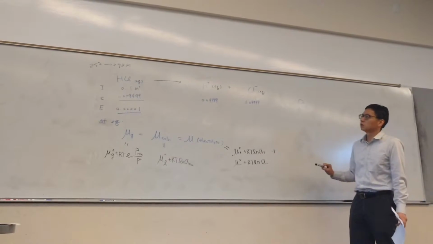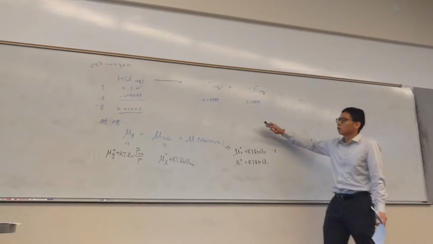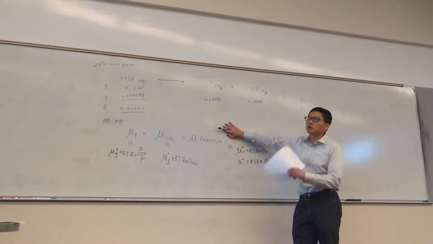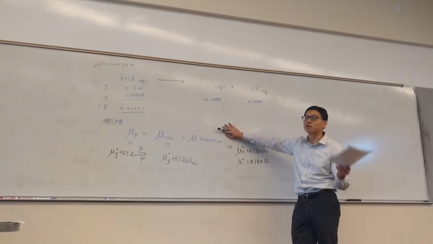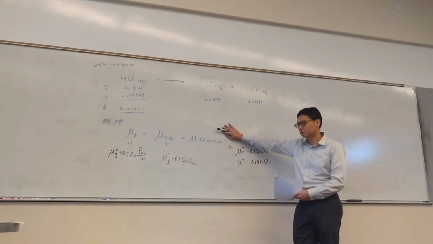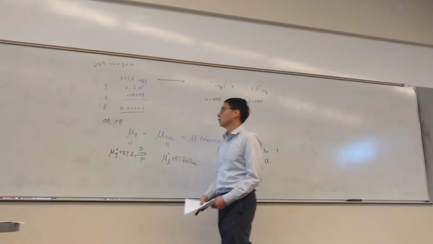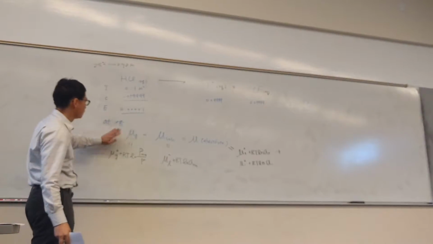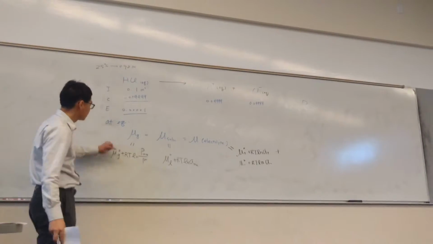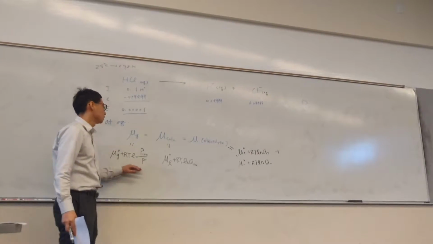We know this is valid because you have three different conditions inside your system, and at equilibrium the chemical potential of each should equal each other. We also know the chemical potential is equal to the chemical potential at the standard condition plus some correction terms.